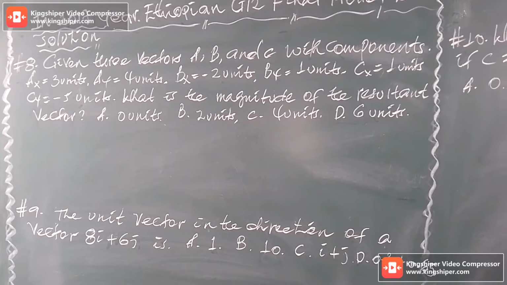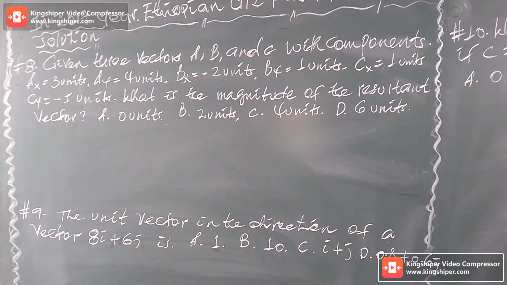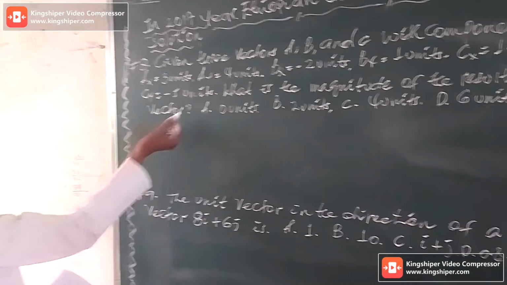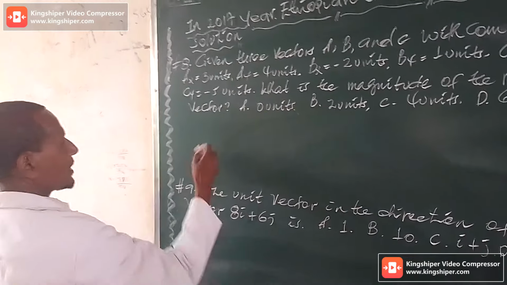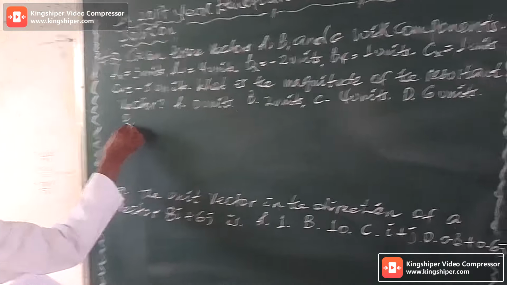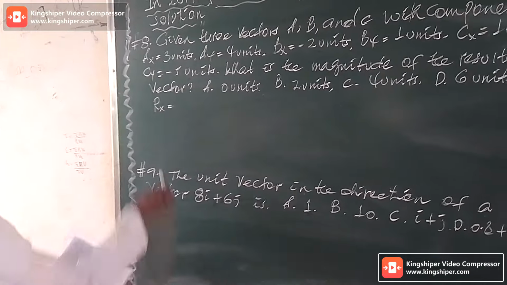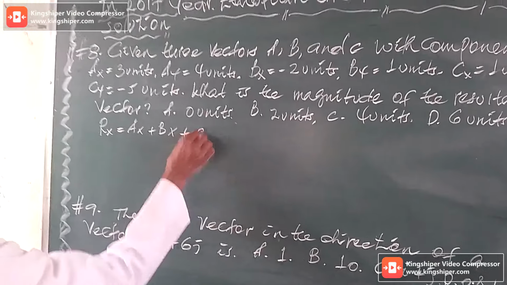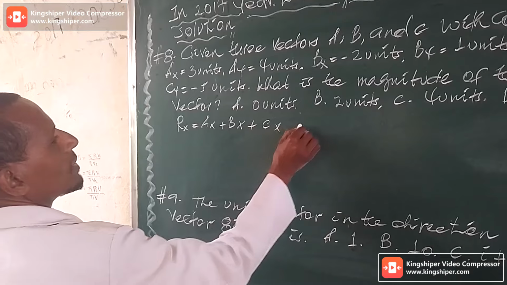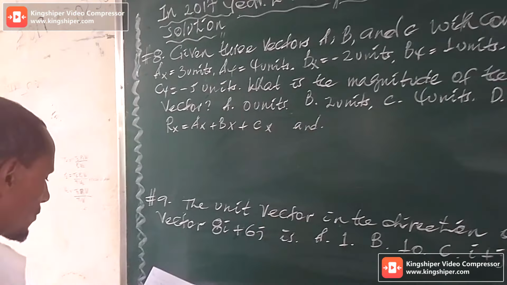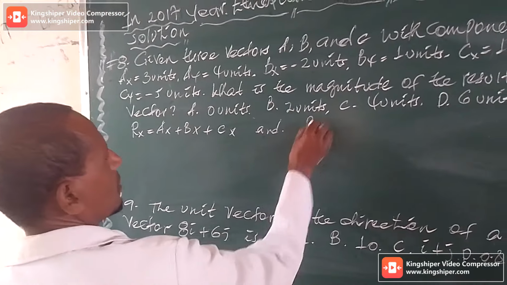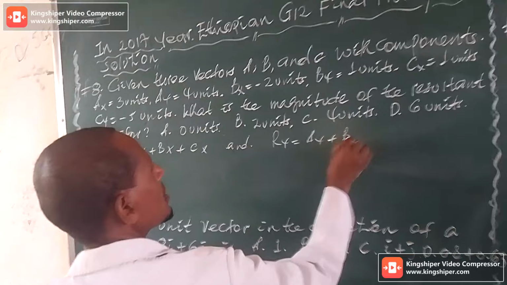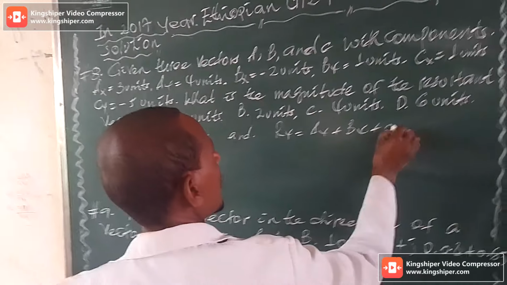When you come to the equation of this one, first we have to collect the same components. Rx equals Ax plus Bx plus Cx, and the second one, Ry equals Ay plus By plus Cy.